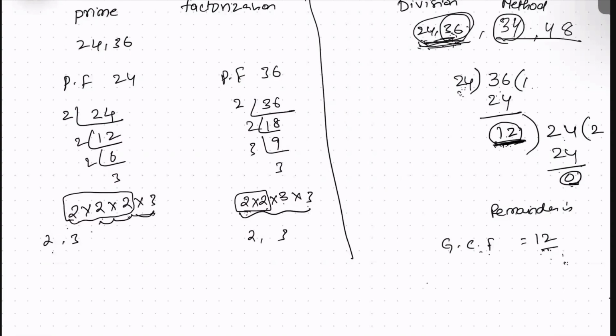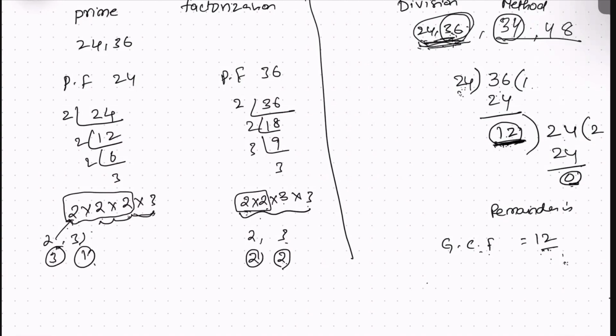How many 2's are there here? It is 3. And how many 3's? It is 1. So in the prime factorization of 24, 2 is occurring 3 times and 3 is occurring 1 time. Similarly, in the prime factorization of 36, 2 is occurring 2 times and 3 is occurring 2 times.